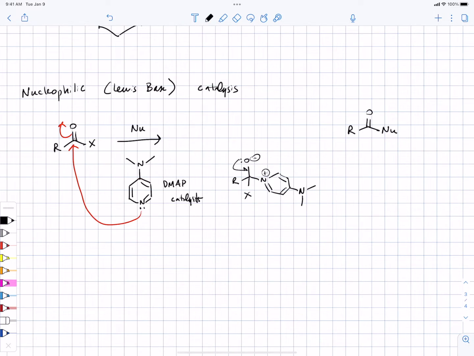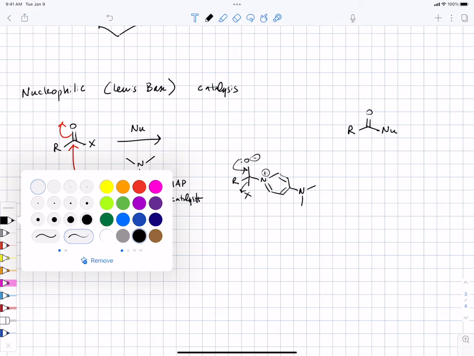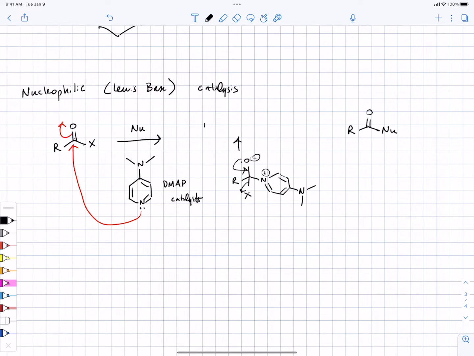The leaving group leaves, and you end up with this intermediate, which is now even more reactive than the original leaving group was, because you've got a positive charge on that nitrogen.